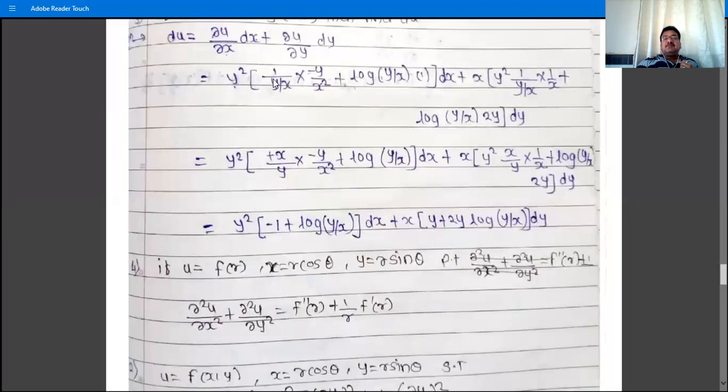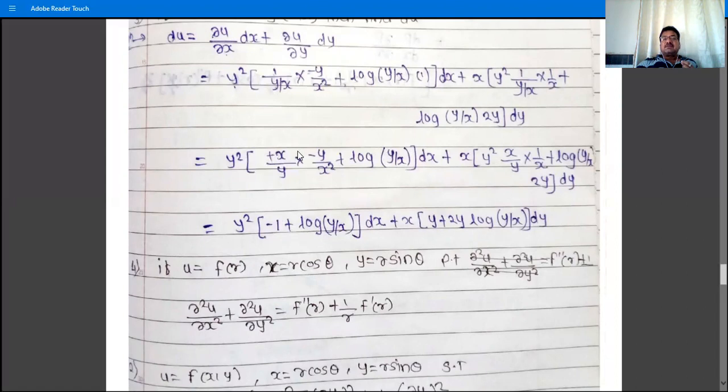Dividing by y by x means multiplying by x by y. So right here x, so this becomes x square. Now x here, write x, then x square by y, then into minus y by x square. Okay. So this calculation becomes minus 1.